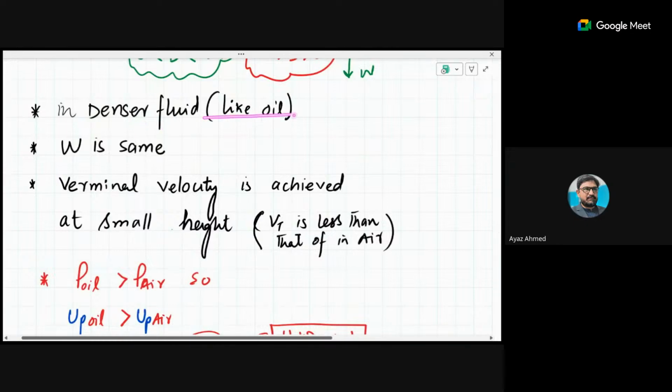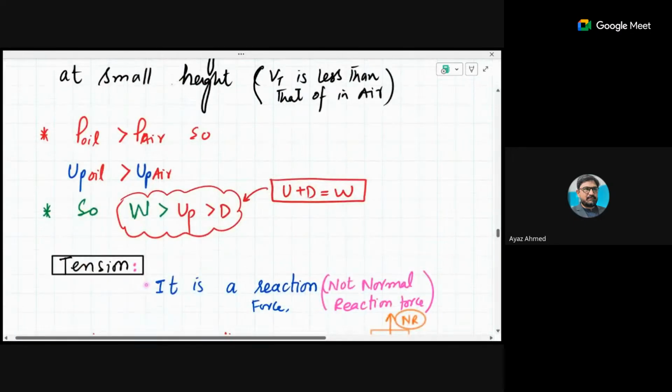When you move an object in a denser fluid like oil, then for the same weight, terminal speed is achieved earlier, at a smaller height. That is because the density of oil is greater than the density of air. So when you drop an object, it will gain terminal speed very quickly.